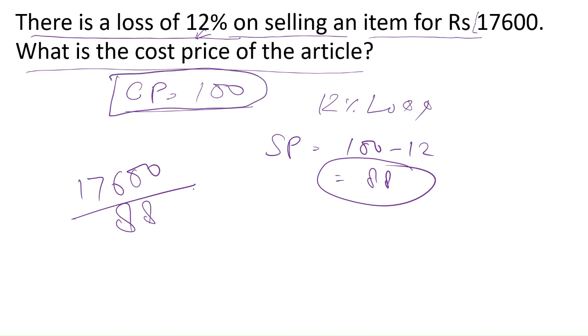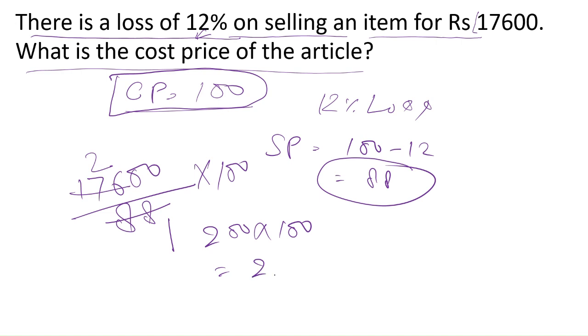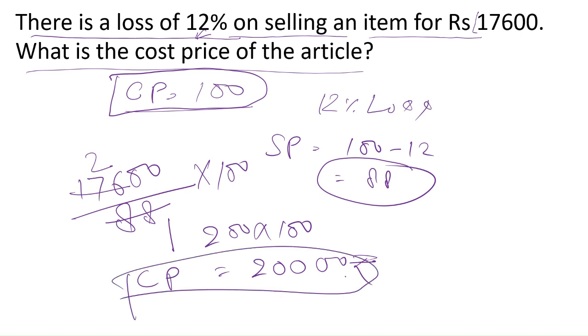CP. CP is 100, multiply by 100 because CP is asking. 176 divided by 88 is 2, 200 multiplied by 100, then what will be the answer? 20,000. 20,000 rupees will be CP.